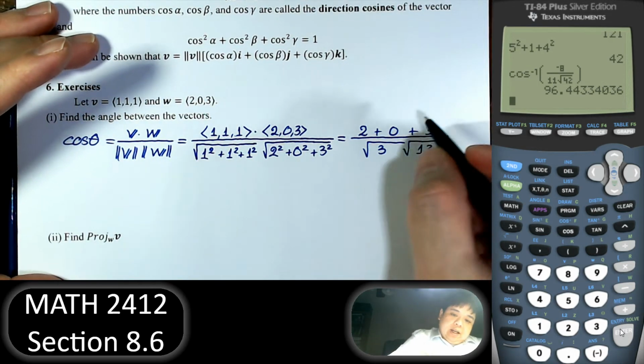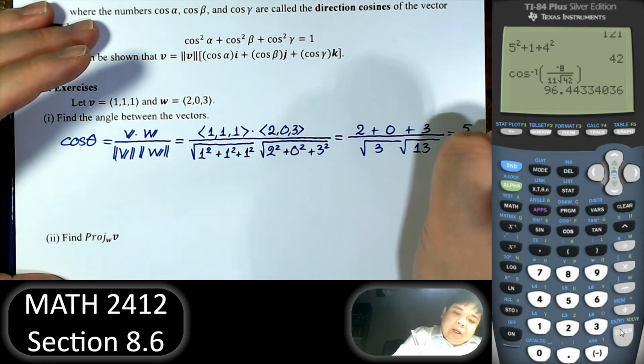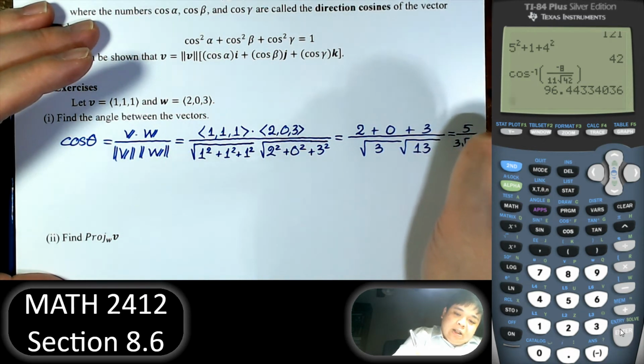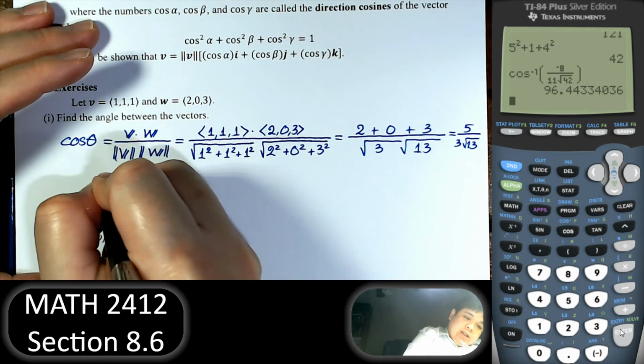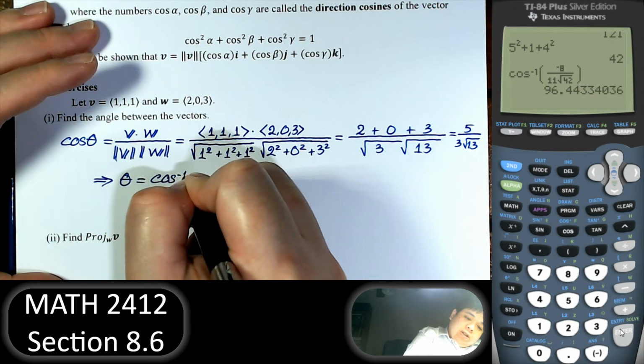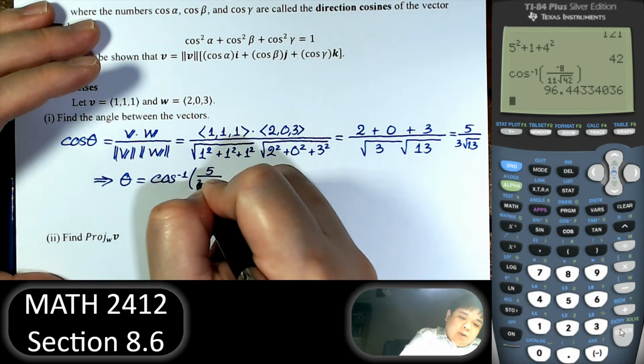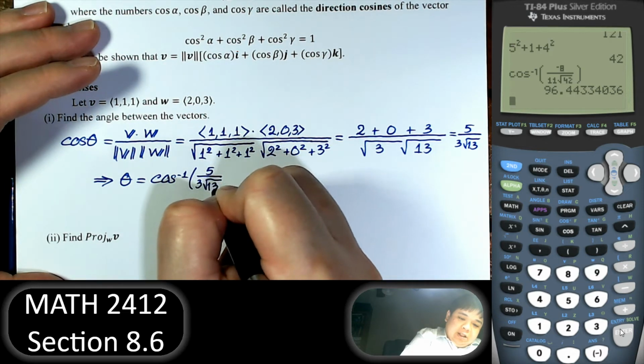Right, and so we have 5 over 3 square root of 13. So we get theta equal to cosine inverse of 5 over 3 square root of 13.